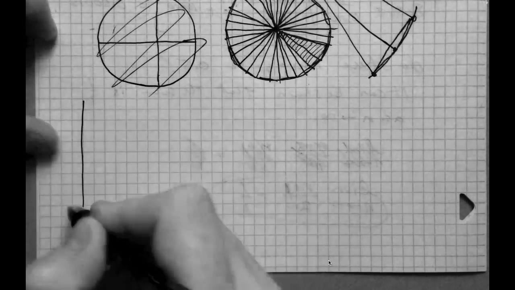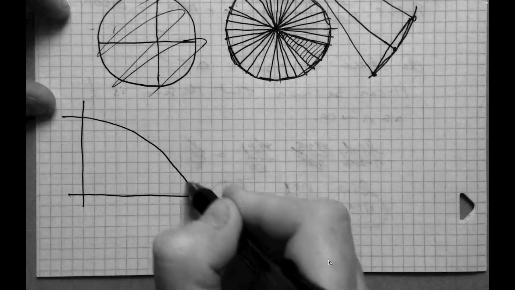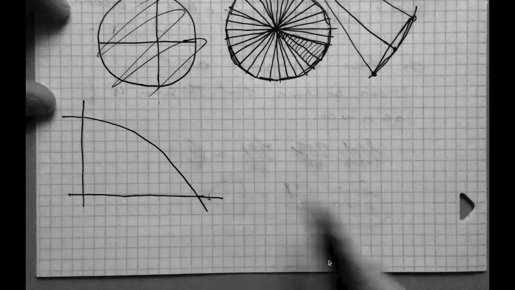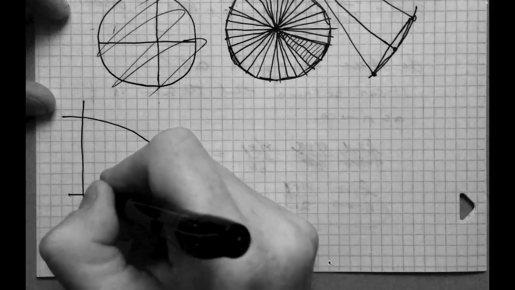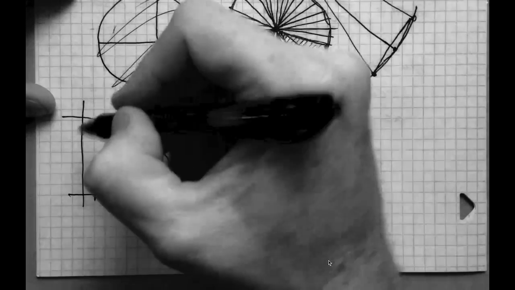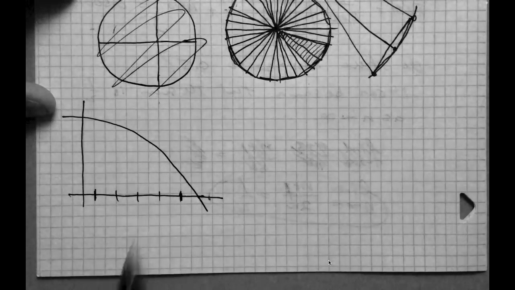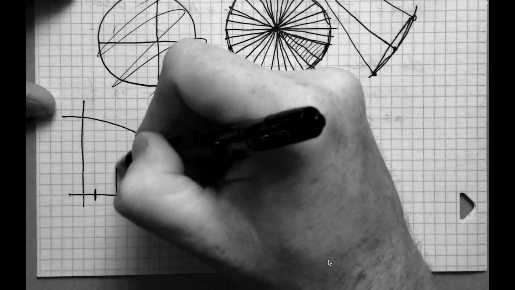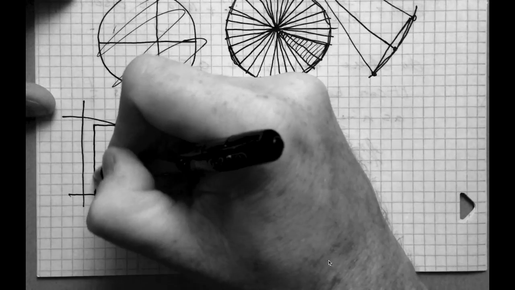So let's imagine that here's your xy coordinate system, and let's imagine that we've got some function kind of decreasing like this, and let's say that we're interested in the area between these 2 points. Well, one way to do this would be to break this space up into a certain interval and to draw rectangles underneath of it, like so.